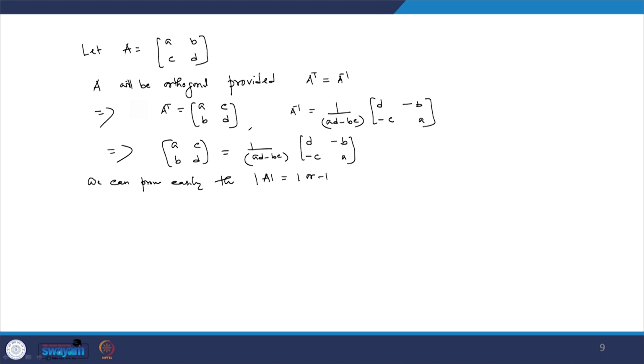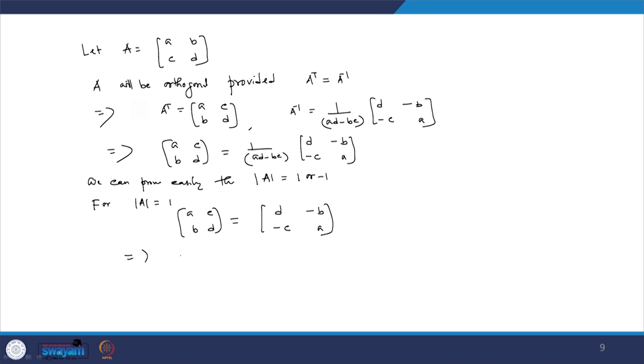So, a d minus b c will be either 1 or minus 1. For determinant equal to plus 1, I will have the condition that [a, c; b, d] must be equal to [d, minus b; minus c, a].